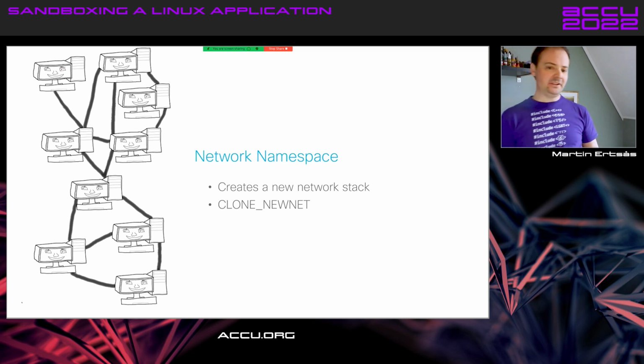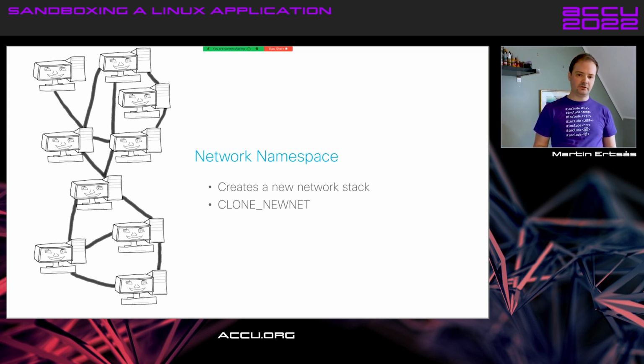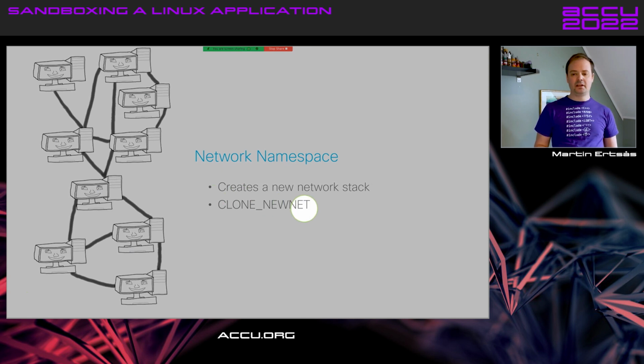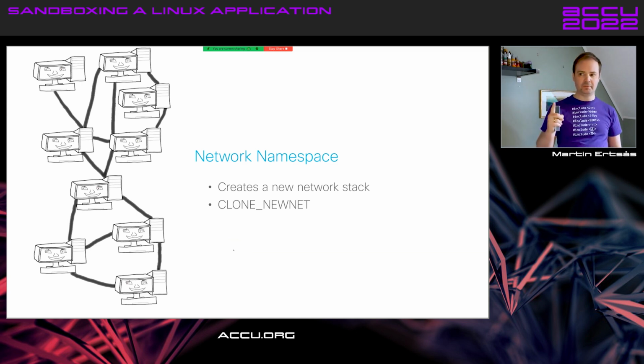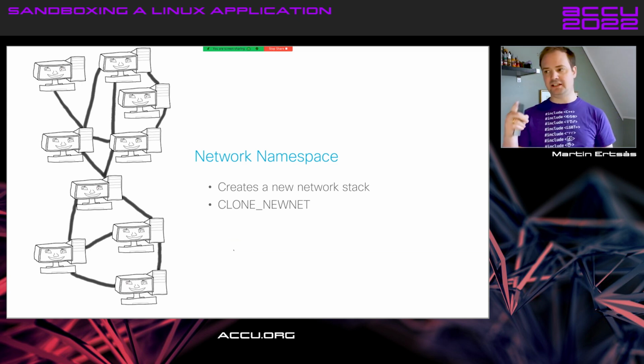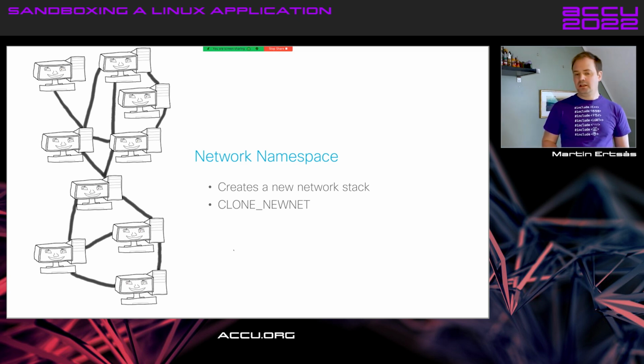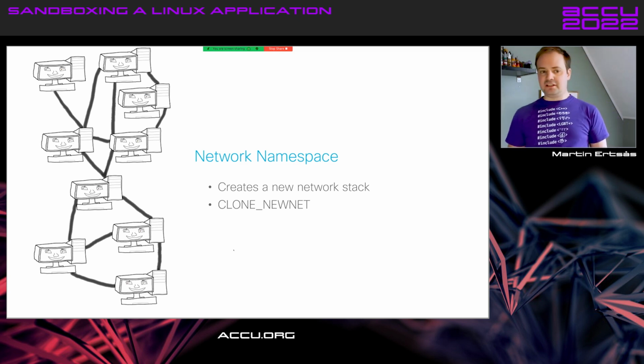When you create and enter it, first off, you'll use clone new net. And when you enter it, you have one network device, which is the loopback device, meaning localhost, and it is down. Entering it is very restrictive.